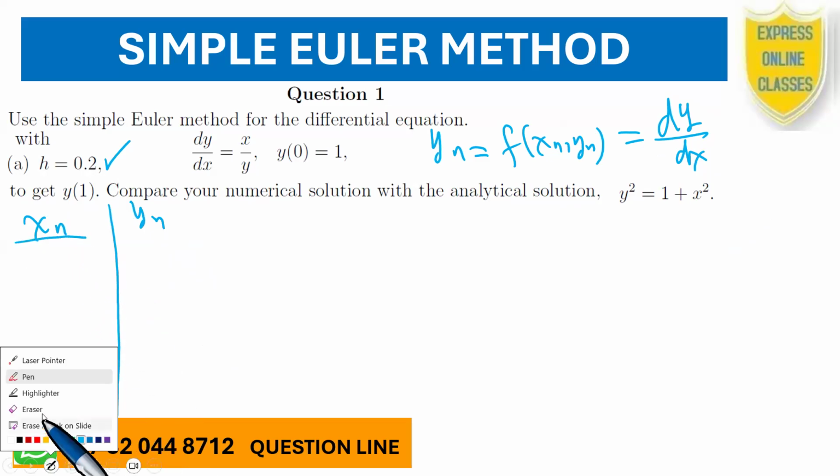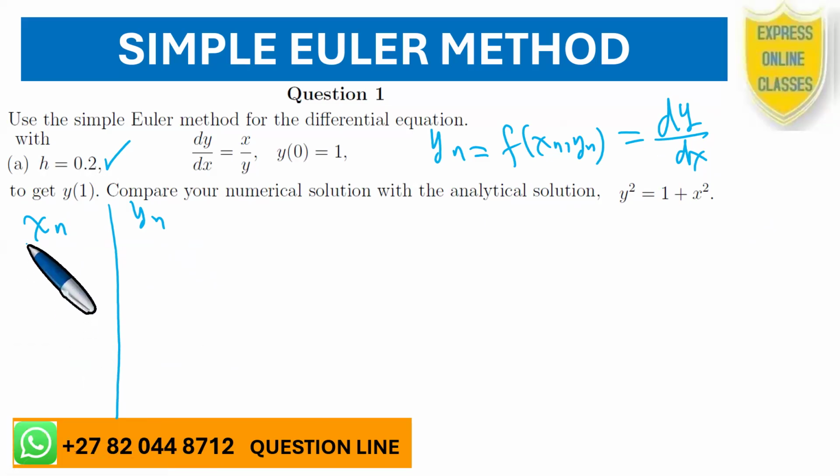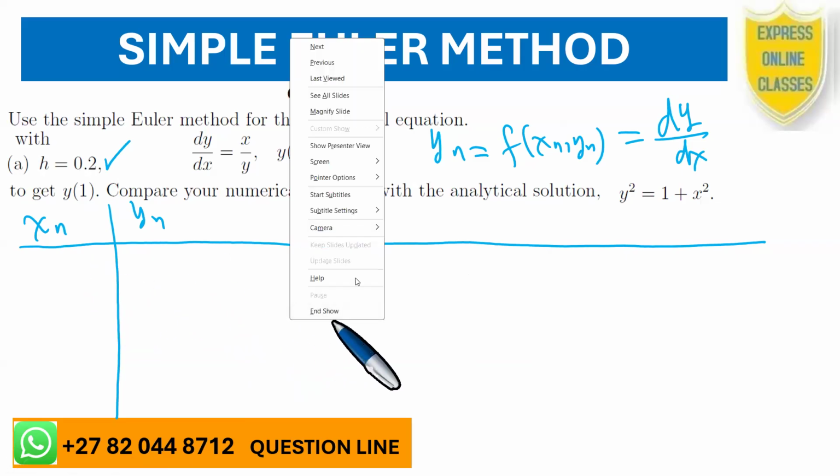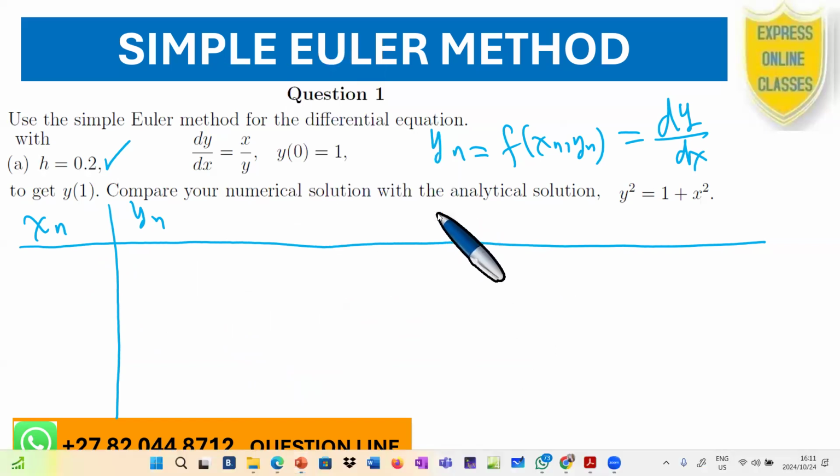So now we continue. We draw this table like this, and we'll have x sub n. Let me see if I launch the calculator here.